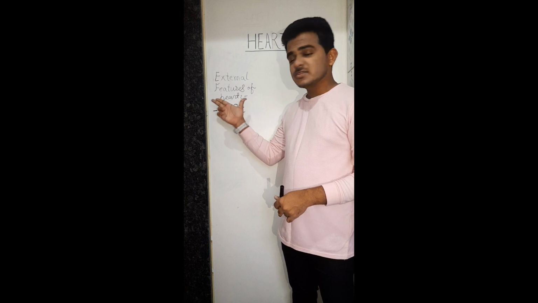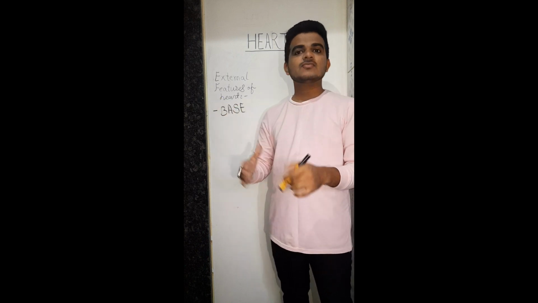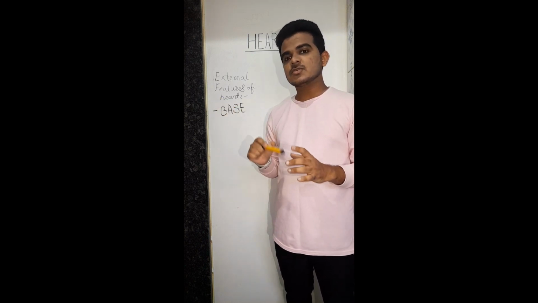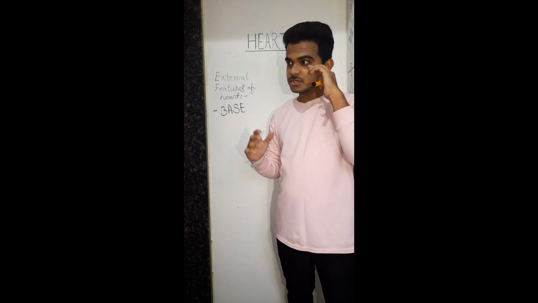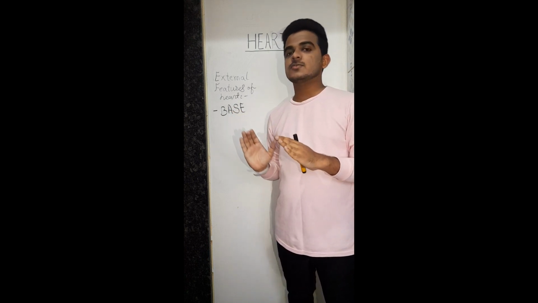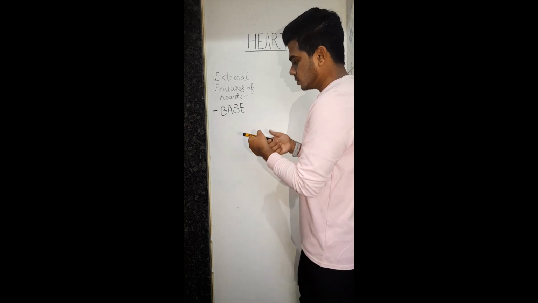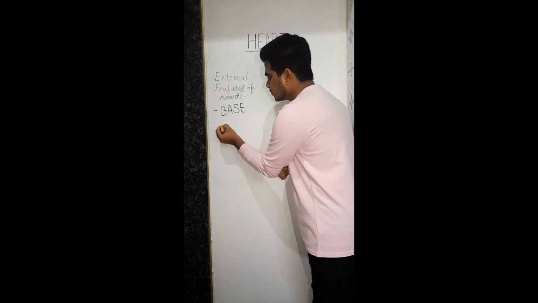So the third point of the external features of the heart is the base of the heart. If you see, the base of the heart is mainly formed by the posterior surface. The posterior surface of the heart is formed by the base.